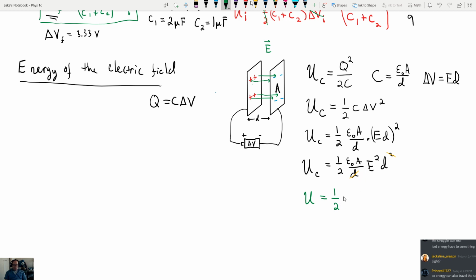So we have 1/2 epsilon naught, which is the permittivity of free space. Again, this constant represents the resistance that space itself places on the development of electric fields.